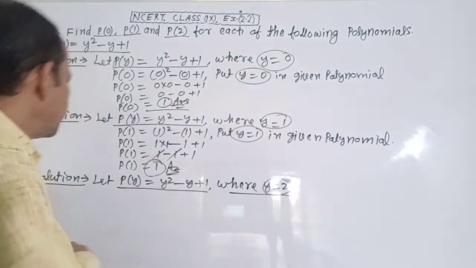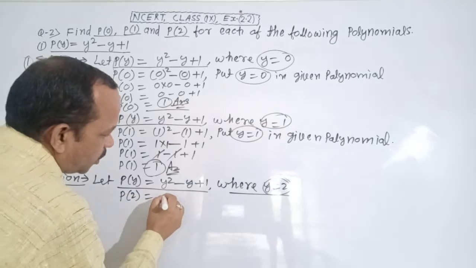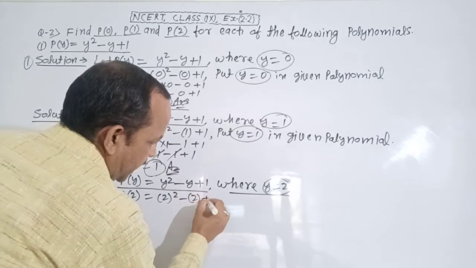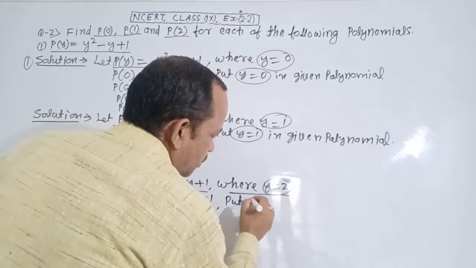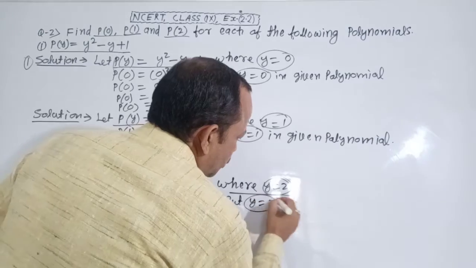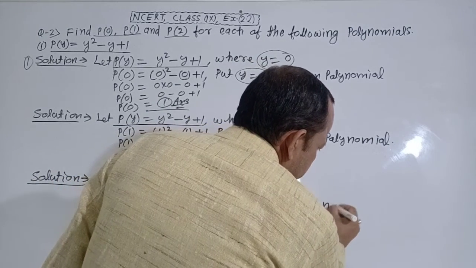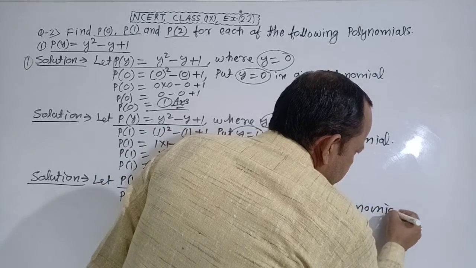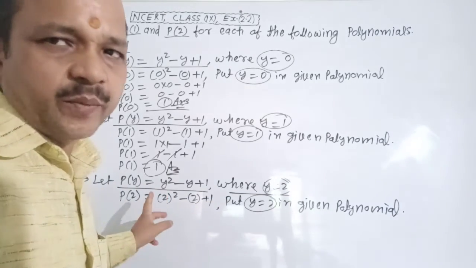Clear? P(2) equals 2 square minus 2 plus 1. Put y equal to 2 in the given polynomial. It is clear? No confusion about it.